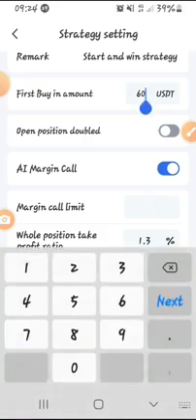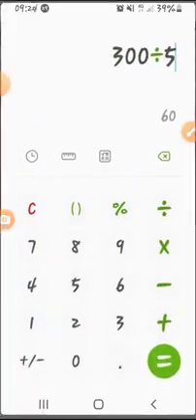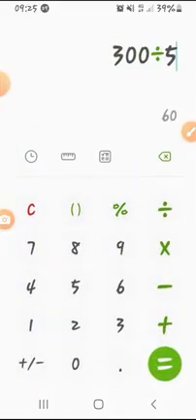So after the robot has bought with the $60, then we shall come back and change from 60 to 5. Reason being that the market, we don't control the market. You have to manage your capital management. So you may ask, why are we dividing by 5? 5, it's going to be our second buy in amount.